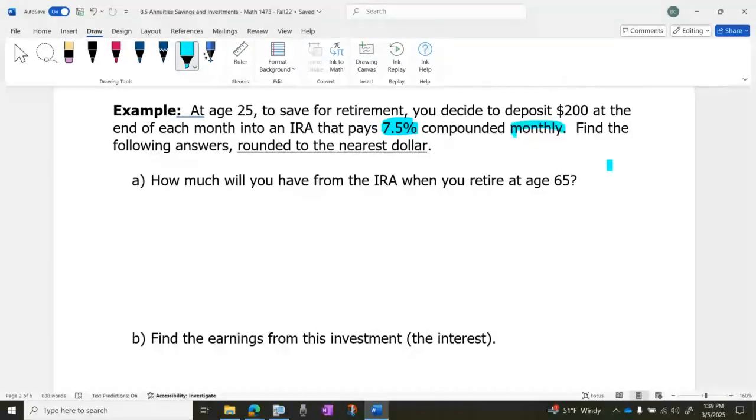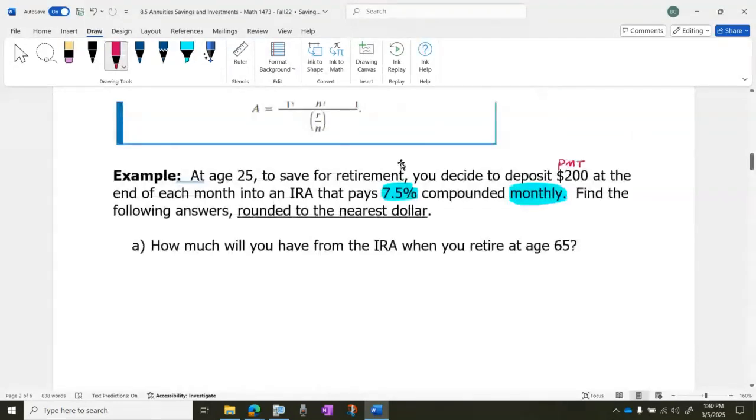Remember I said how the interest is compounded is consistent with how you deposit your payment, right? And you deposit your payment also by month, at the end of each month, so it's also monthly. You deposit $200 at the end of each month, so it's an ordinary annuity. $200 is your payment, PMT.